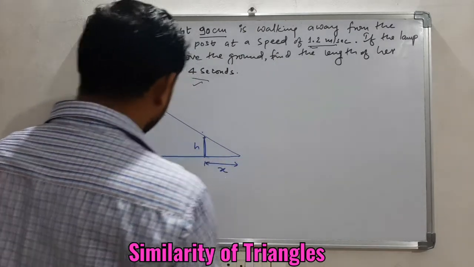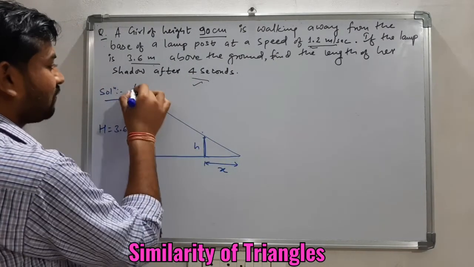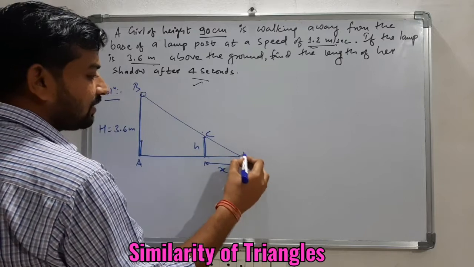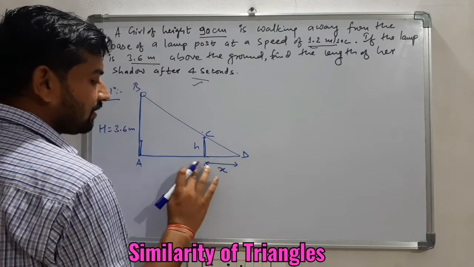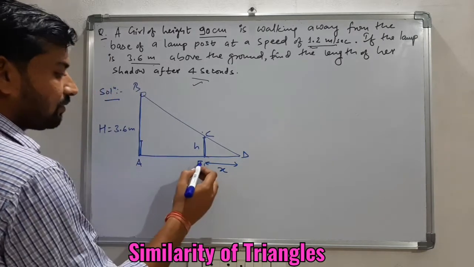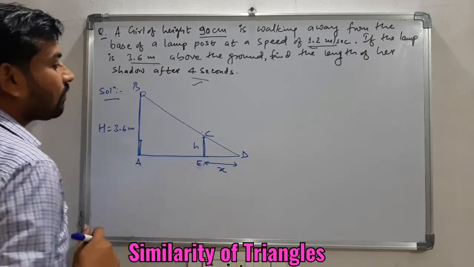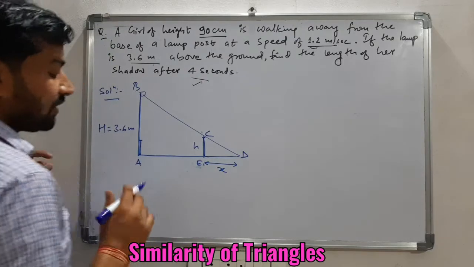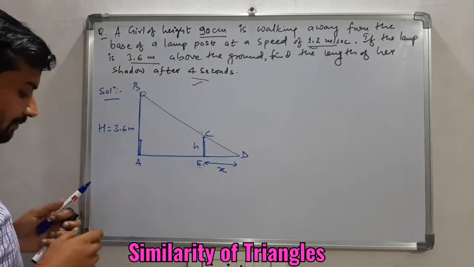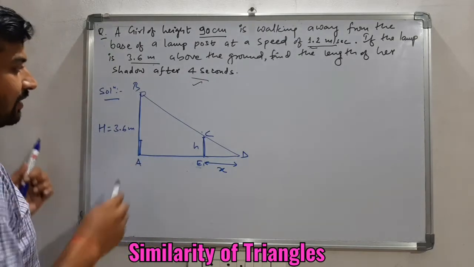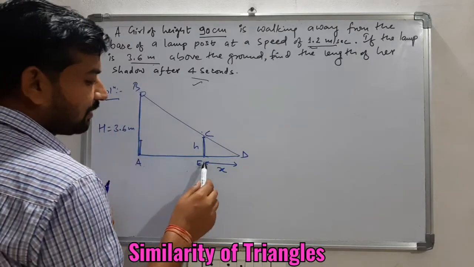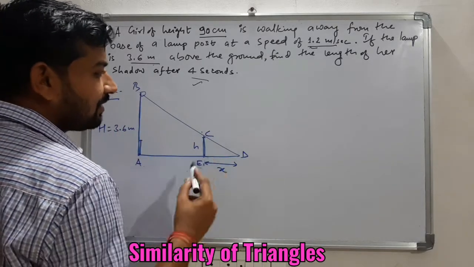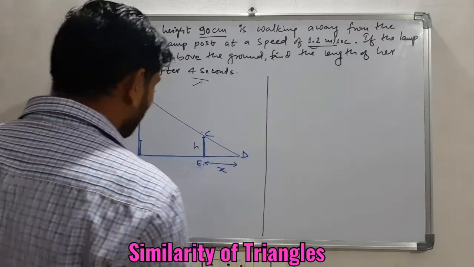So here if we name it A, B, C, D and E, we have a very simple figure here. Now if we consider two triangles here, one is triangle ABD, the complete one, and the other one is ECD. So we will consider these two triangles.